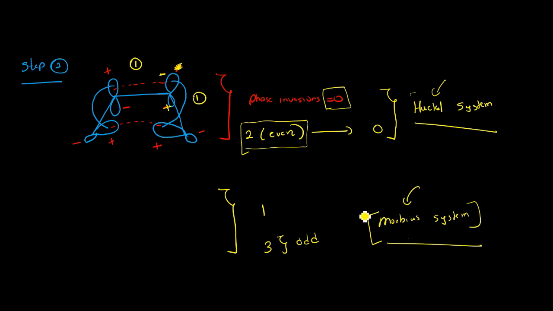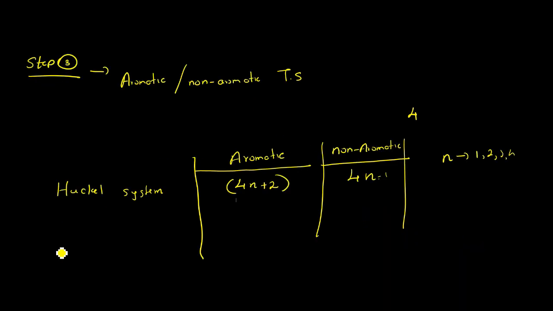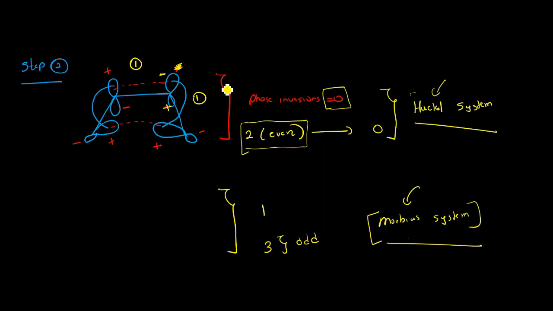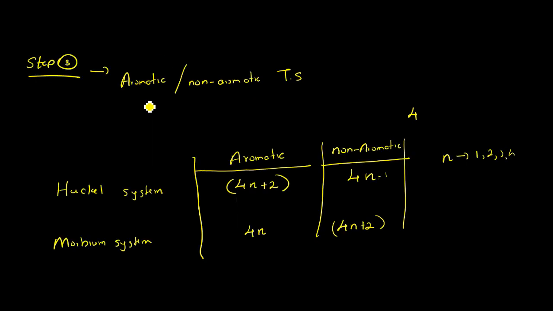Now what if our system is a Mobius system? If our system is Mobius, then the opposite happens. Here we have the 4n rule for aromatic systems and the 4n plus 2 rule for non-aromatic systems. If your total number of electrons which take part in the whole interaction follows the 4n rule, then it's aromatic in the Mobius system.